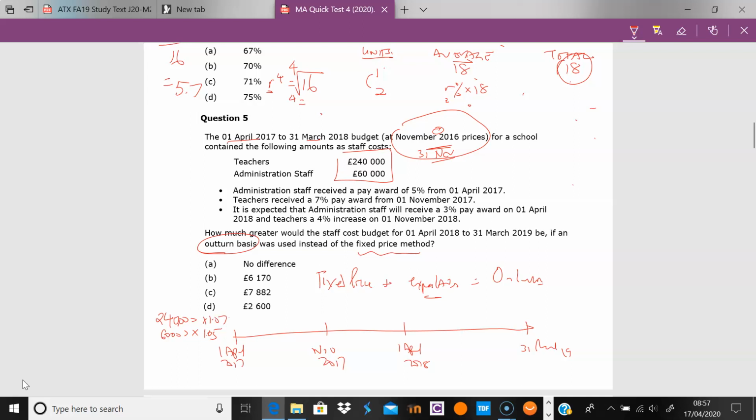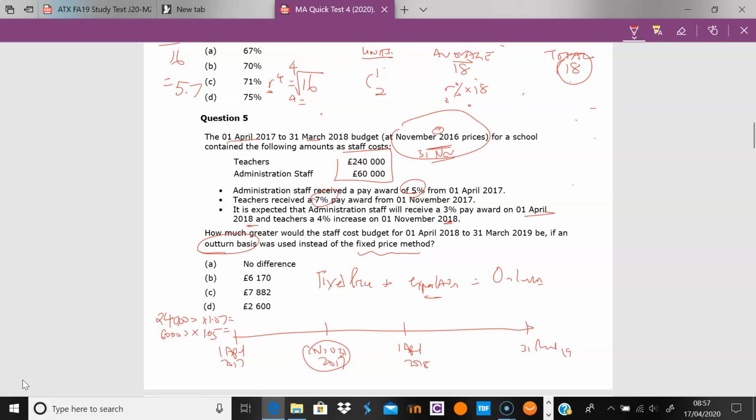So I can tell you what my new fixed price budget is, which I will use if I'm using the fixed price method, because we will meet in November 2017, and by the 31st of November, these two things would have happened. You can see here that this would not have happened yet. This is 2018, so I will not include it in a fixed price budget. So just doing these two first on their own.